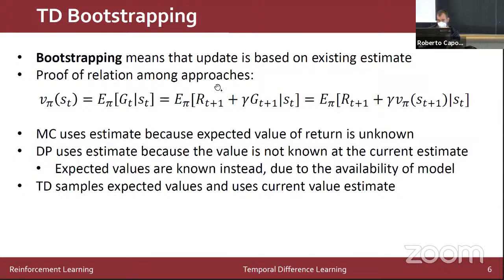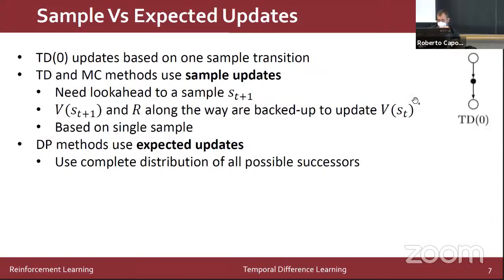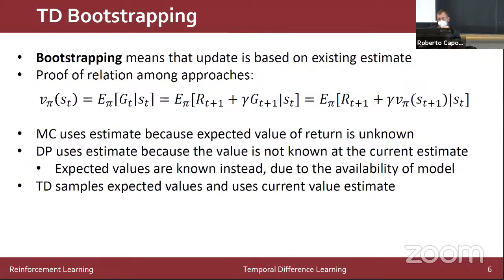We can bring the expectation inside, which gives nothing else than the value function at the next state. In Monte Carlo updates, we use a sample of the return because the expected value of the return is unknown. In dynamic programming, we also use the next value function. In temporal difference, we do a similar thing, but without using the full model.